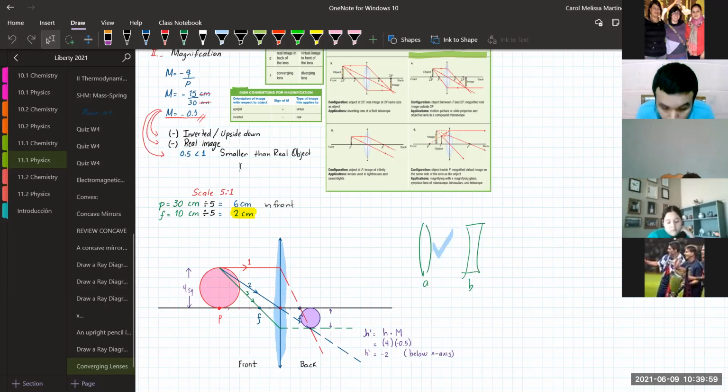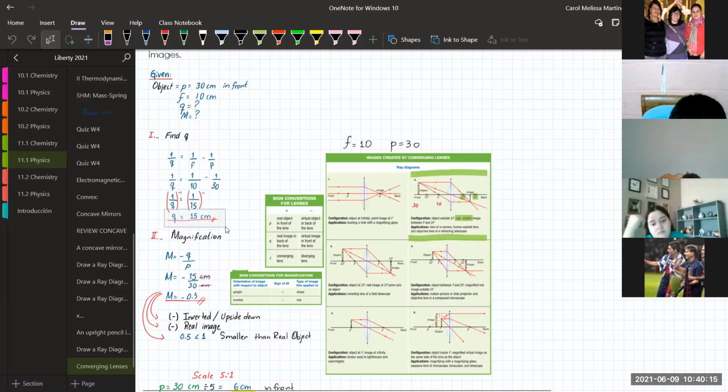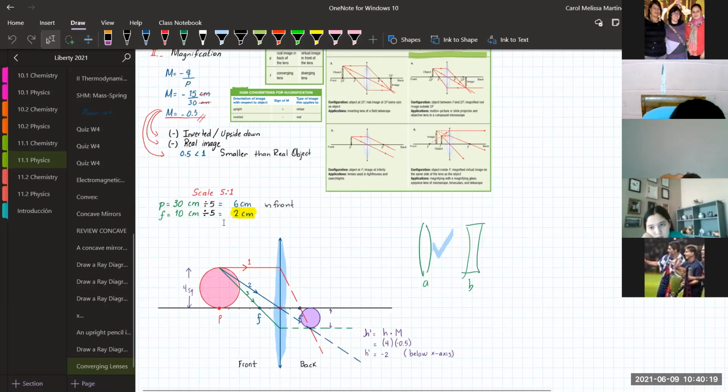But you can test if what you did is right by applying the same formulas, by analyzing the answers that you got. Now, another thing that we can compare is the distance Q. It says that Q is located 15 centimeters, okay? The image is located 15 centimeters. Remember, each square measures 5. So let's see.